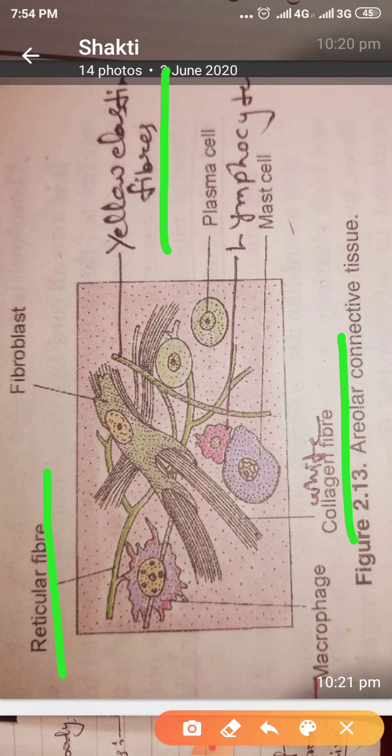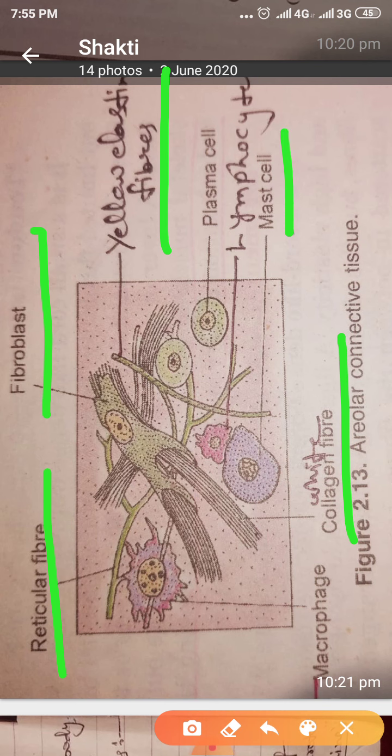These three fibers are secreted by fibroblast cell. That is the cell. The fibroblast cell secretes three types of fiber plus matrix, a liquid medium which is jelly-like in structure. Then the second type of cell is called mast cell.